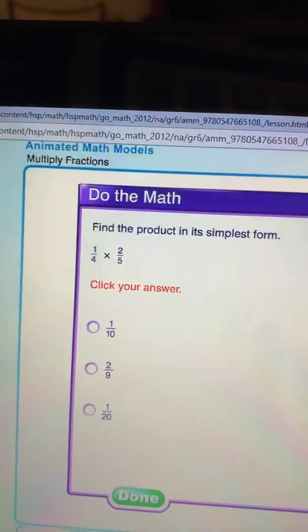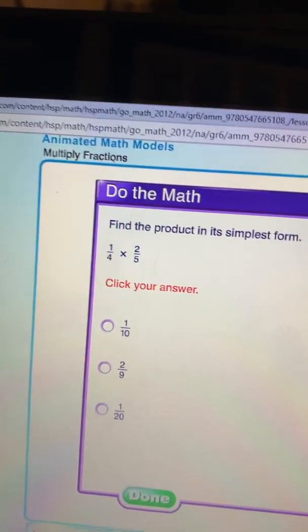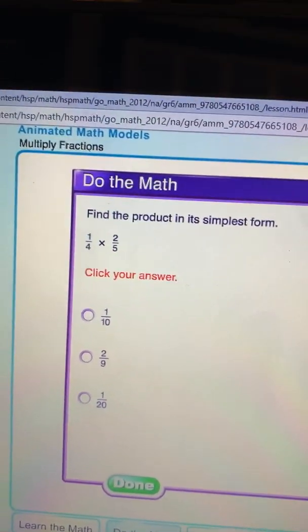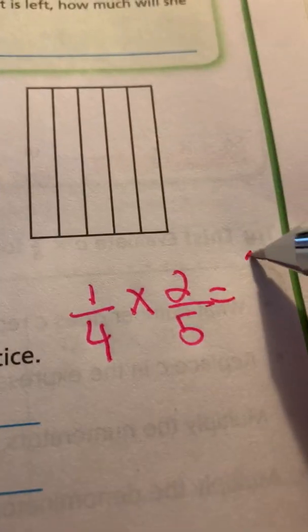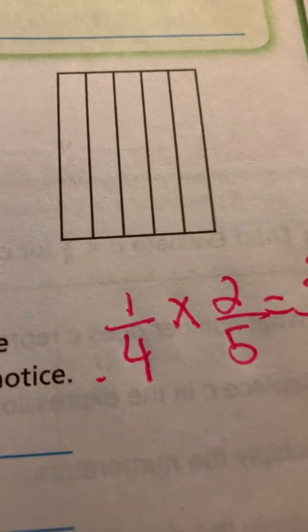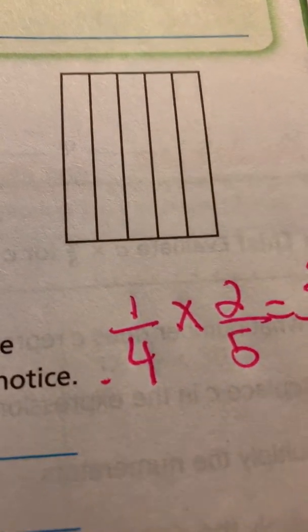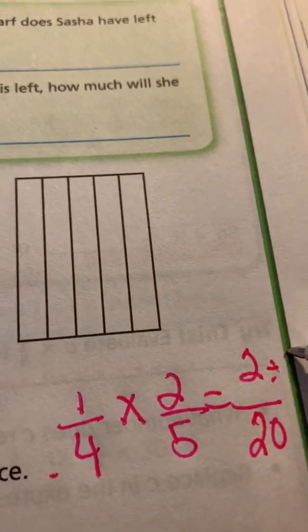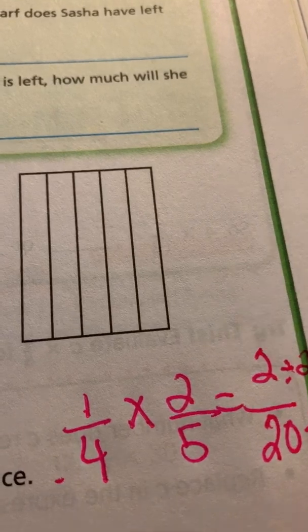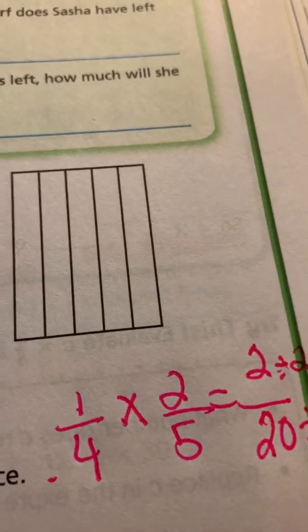1/4 of 2/5. I'm going to show you on the paper. Let me put it here so that you can see me doing it. 1 times 2 is 2, and 4 times 5 is 20. That can be reduced because they both go into 2. So you're going to divide both by 2, and 2 divided by 2 is 1.